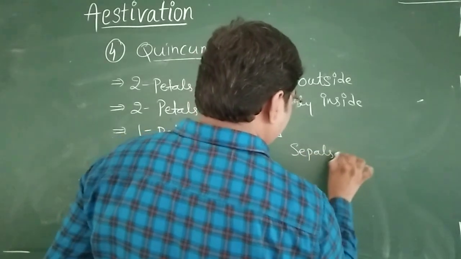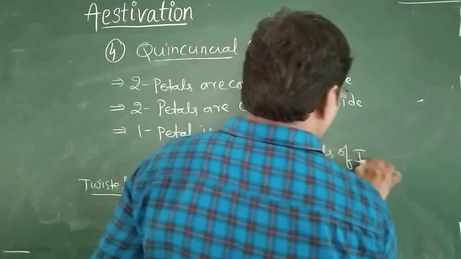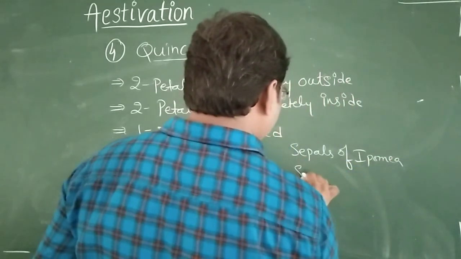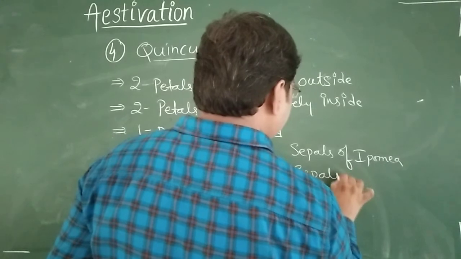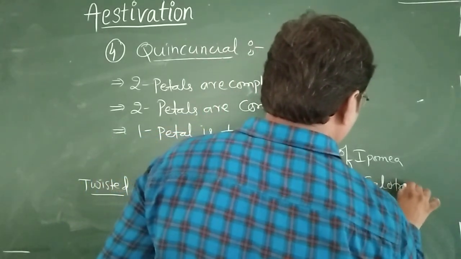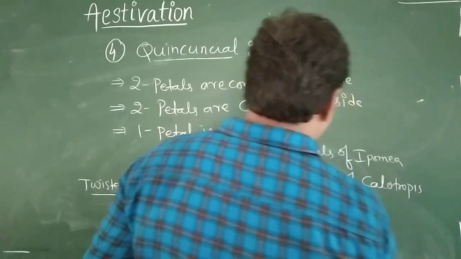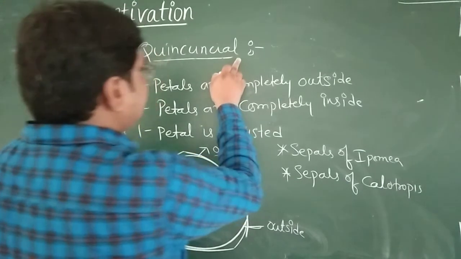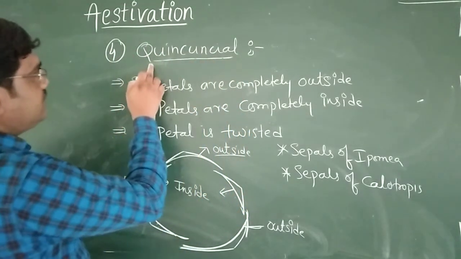Sepals of Ipomoea, and one more example, sepals of Calotropis. So these two are examples for the quincuncial aestivation.